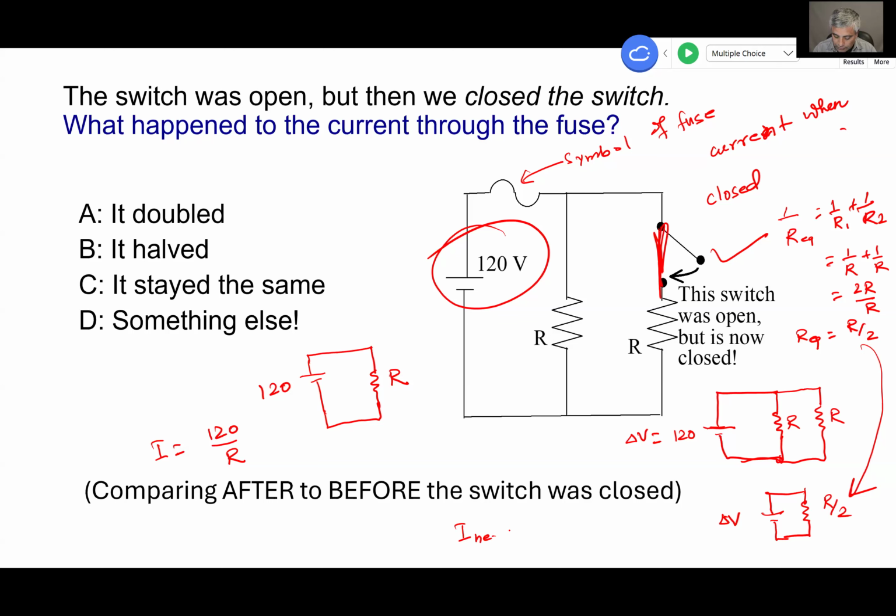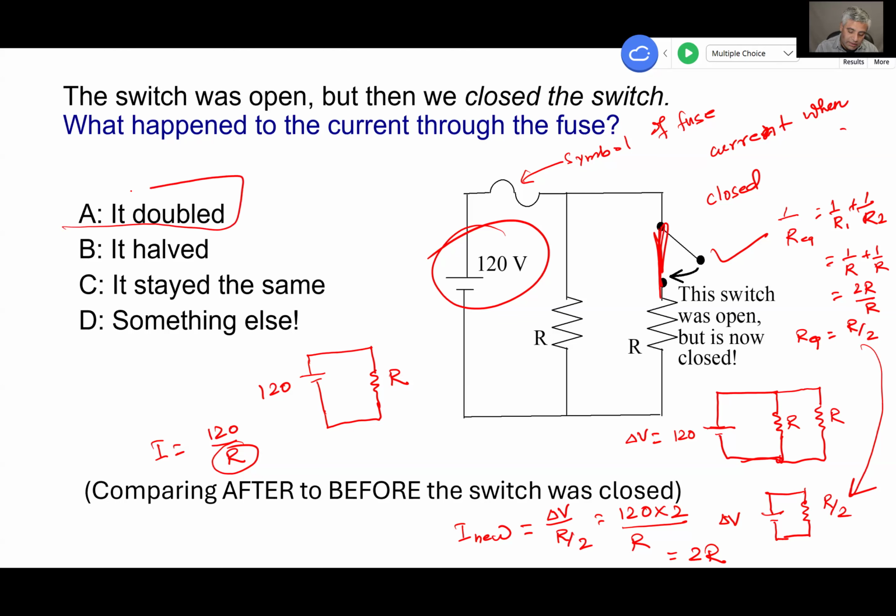New current, when it is closed, is that potential difference divided by the resistance, which is half of what we had before. See, this was R. Now this is R over 2. So this is 120. Fraction of fraction goes up there and that. So this is 2 times R. Okay.